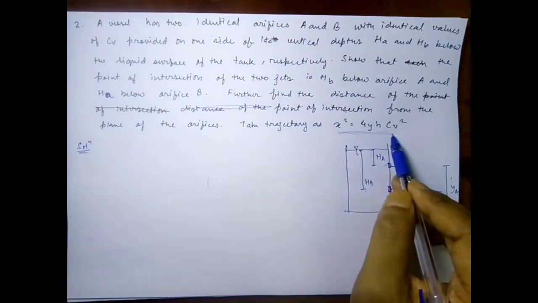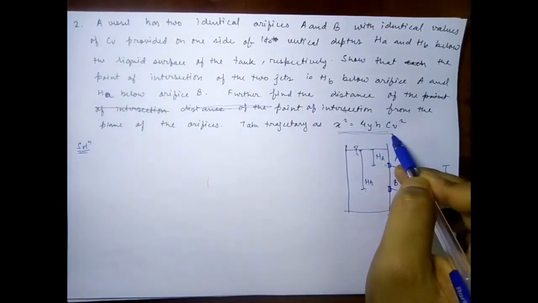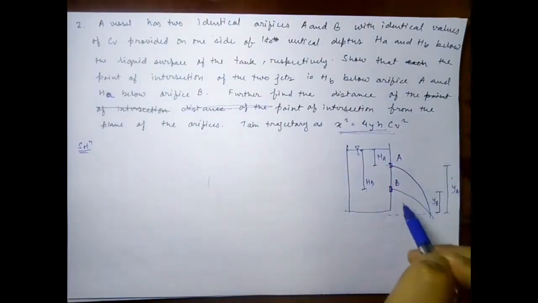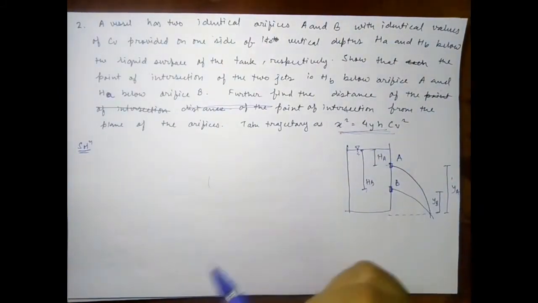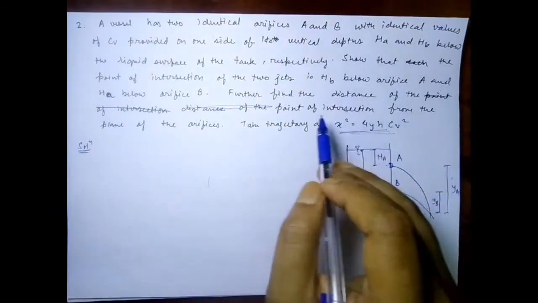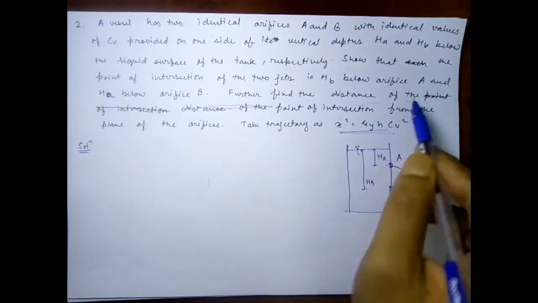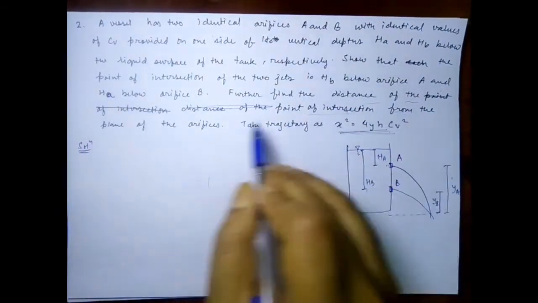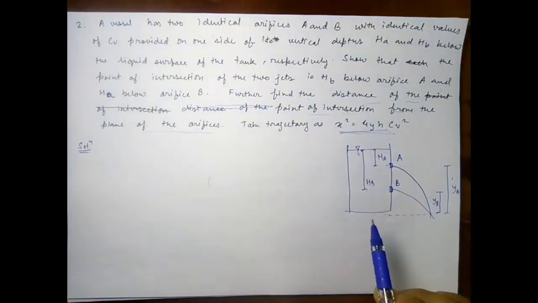Take trajectory as x square equal to 4y h CV square. So we are given the trajectory of the flow through the orifice, and we are also asked to find the distance of the point of intersection from the plane of the orifices.